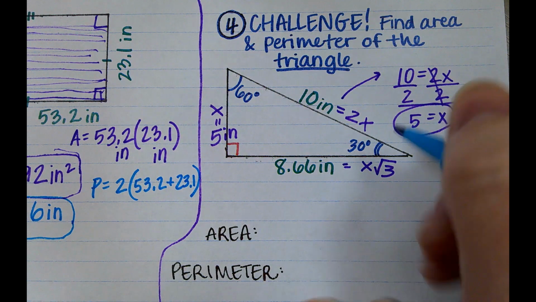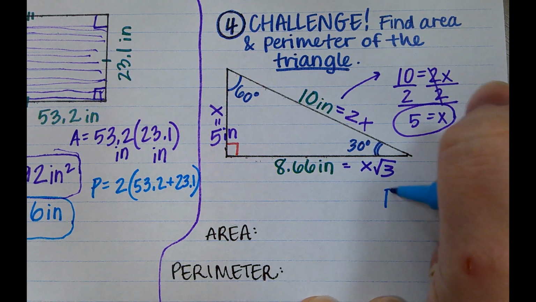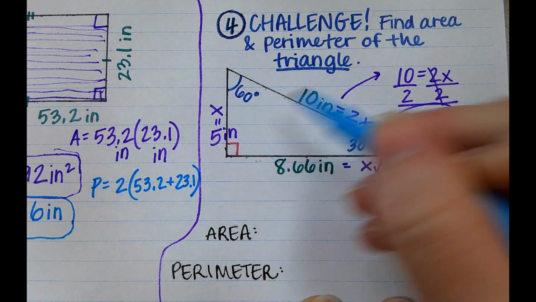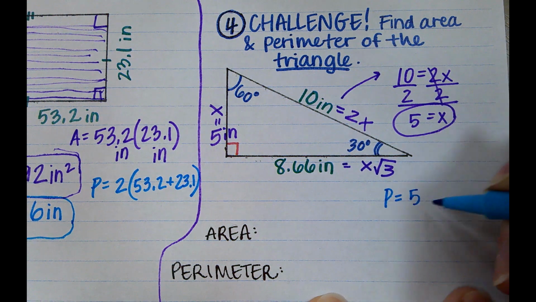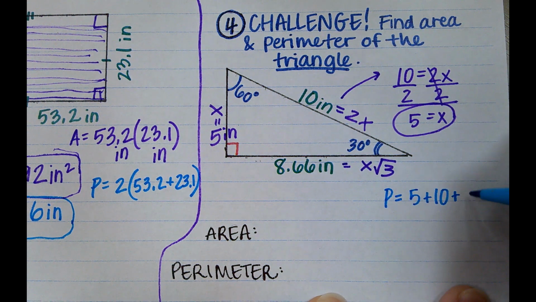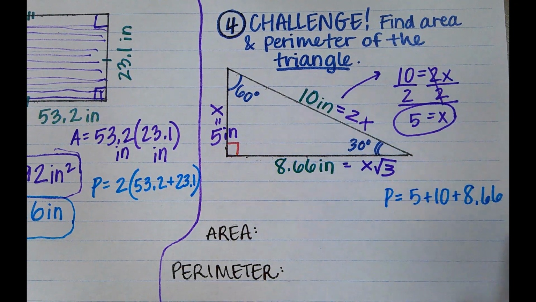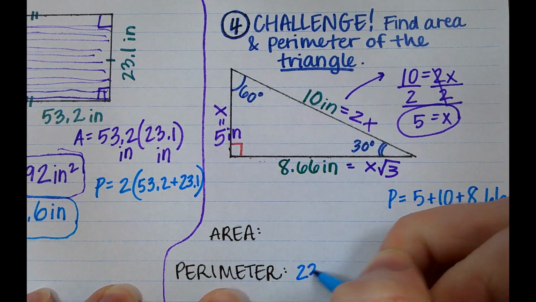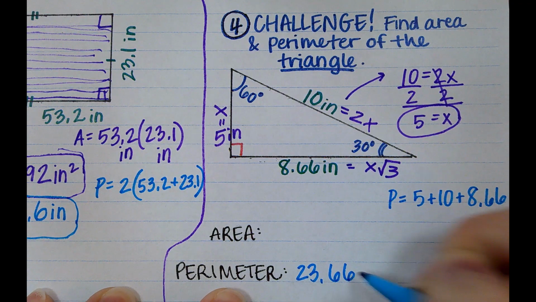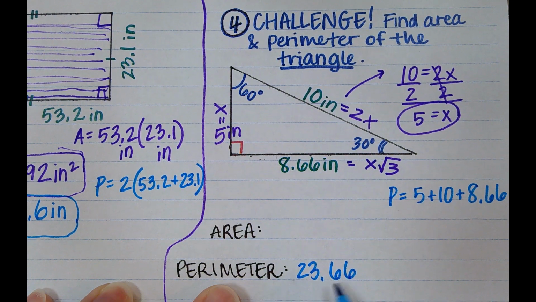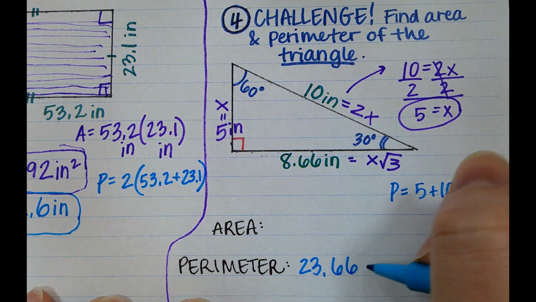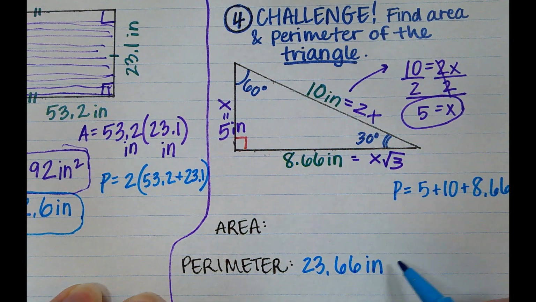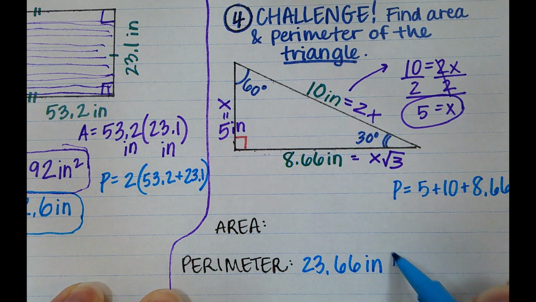So for perimeter, let's do 5 plus 10 plus 8.66. That gives us 23.66, and our units would be inches. We just added the sides.